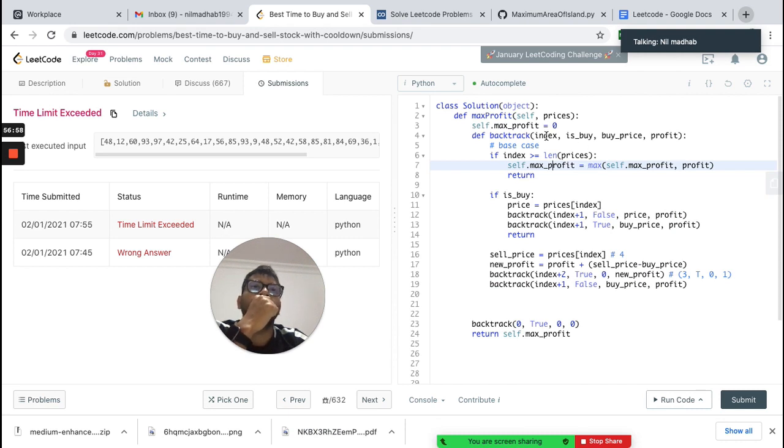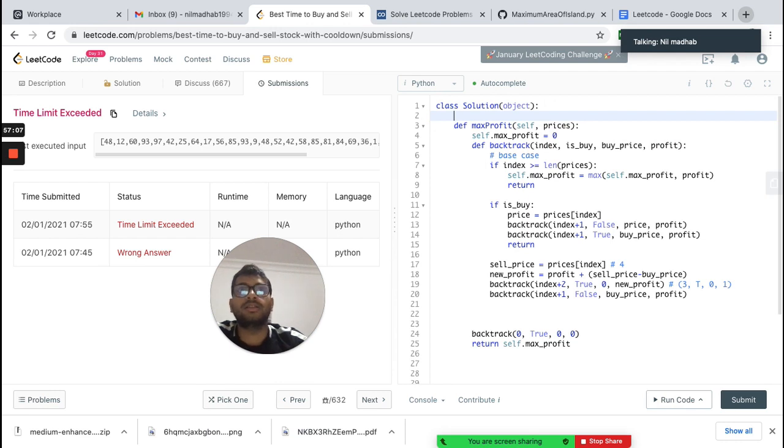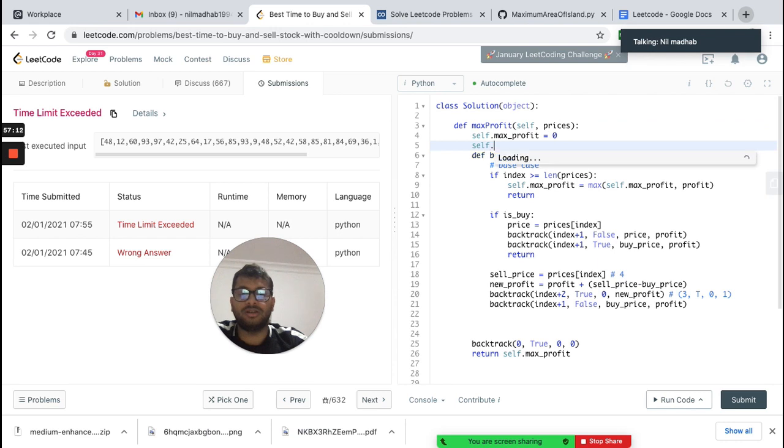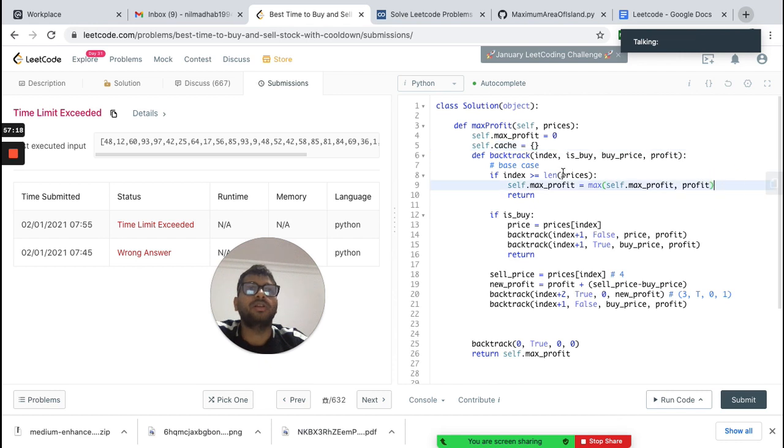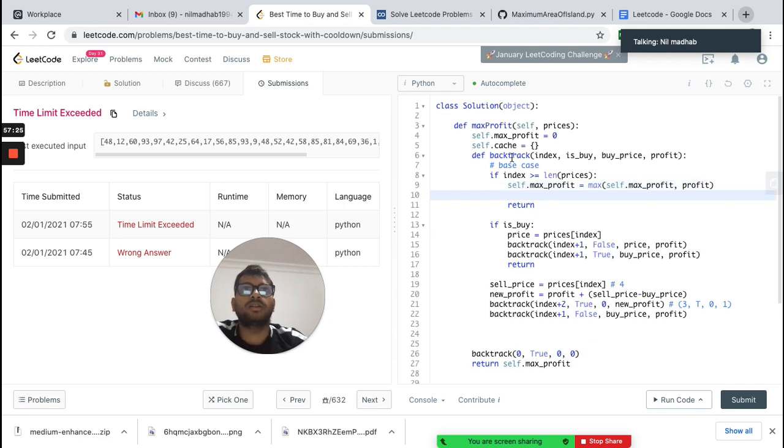We can have a dictionary, self.cache, and when we get the return, we can store it in self.cache.